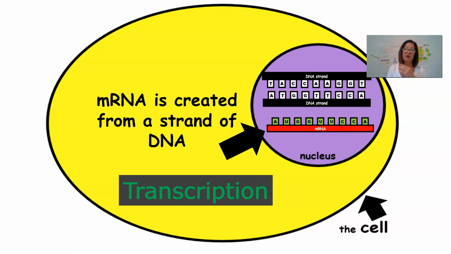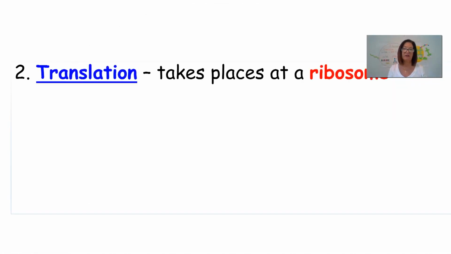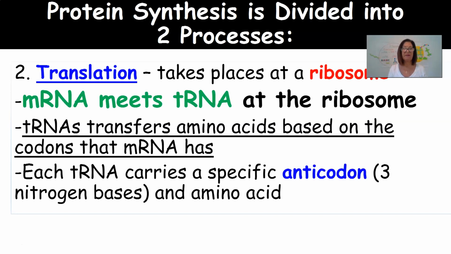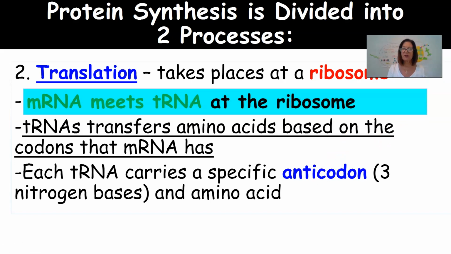So that's transcription. That's what we did last week. So what happens now is this mRNA here is going to leave the nucleus and then go find a ribosome. Next we have the second process, and this is what we're going to be talking about today, called translation.